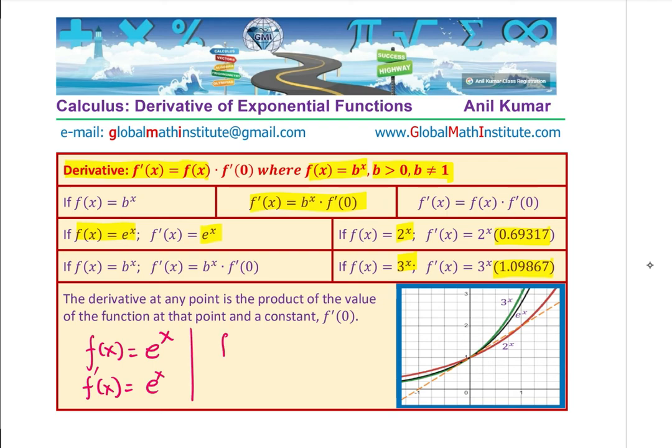However, if the function f of x has a base that is not e but something else, then the derivative of the function is the value of the function times the slope of the tangent at the y-intercept, where x is equal to 0. So that becomes the derivative of your exponential function. So I hope with this it's absolutely clear how we arrive at this result from the basic first principle, the definition of derivatives. Perfect.